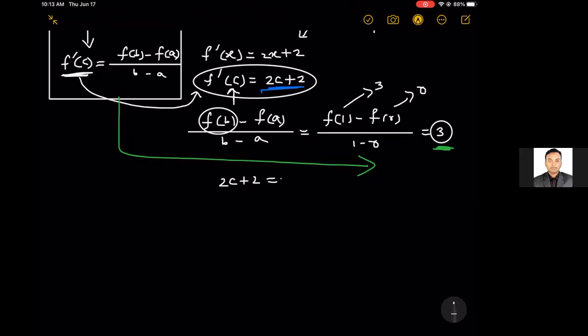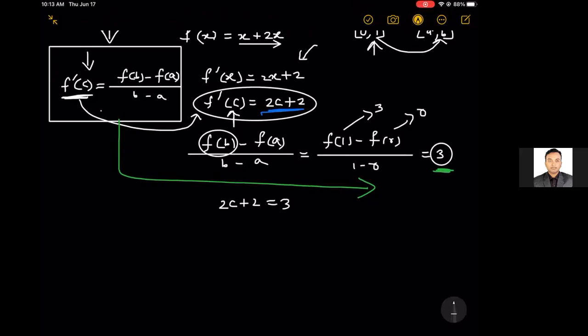And now we can easily solve it for c to get our desired result. So as you can see, if we know the formula, the mean value theorem, we can actually easily calculate c from it, algebraically, of course.